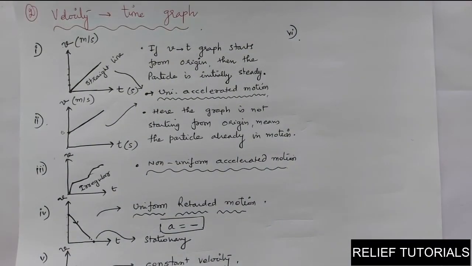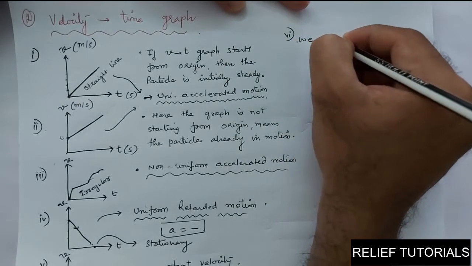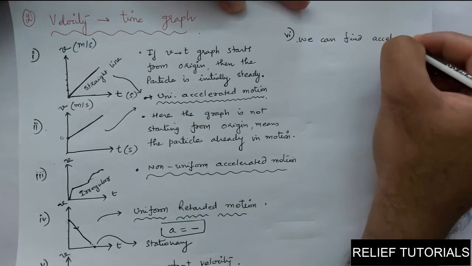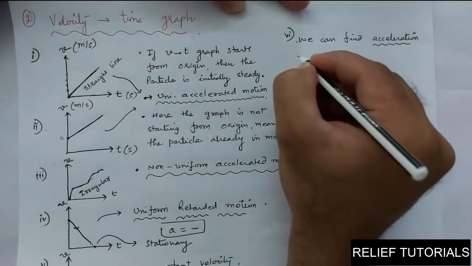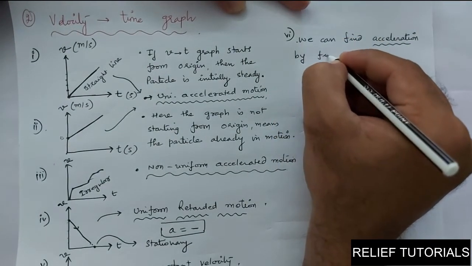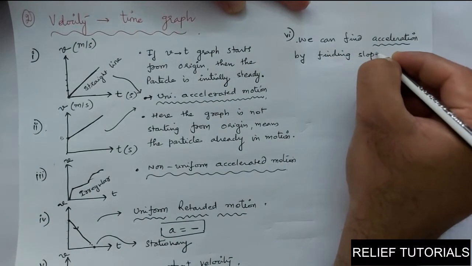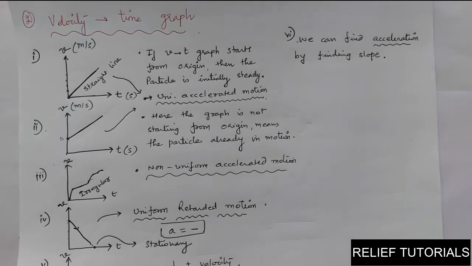And remember here in the velocity versus time graph, we can find acceleration by finding the slope. So in the distance versus time graph, slope gives you the value of speed, and in the velocity versus time graph, slope gives the value of acceleration.